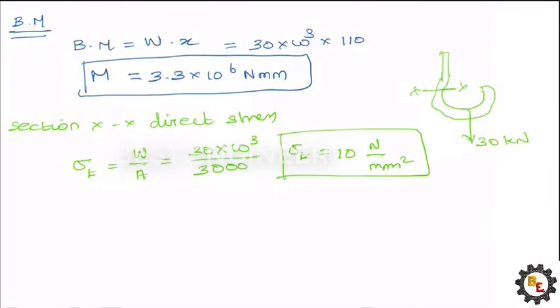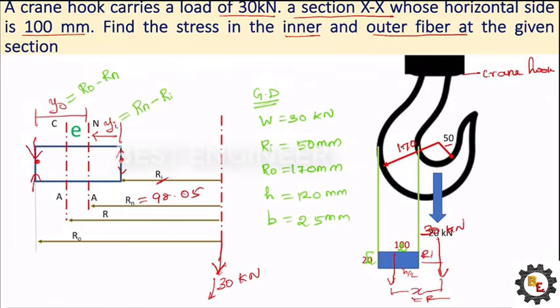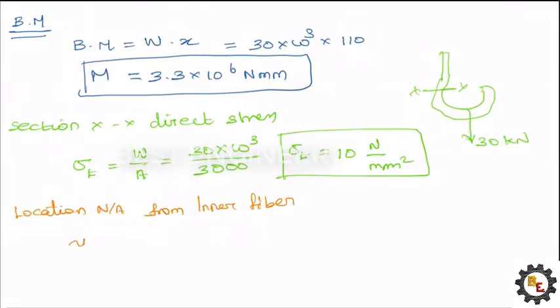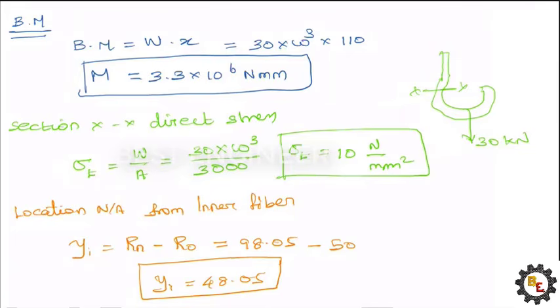Let's find the location of the neutral axis from inner fiber and outer fiber. Location of neutral axis from inner fiber: formula is Yi equal Rn minus Ri. Rn value is 98.05 minus Ri value 50 millimeter. So Yi equal 48.05.